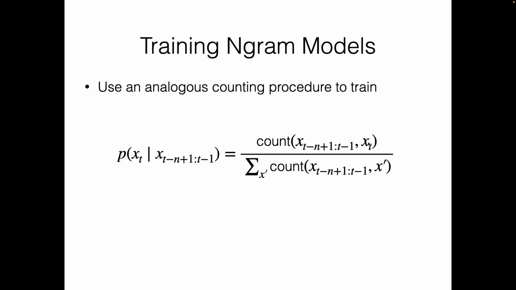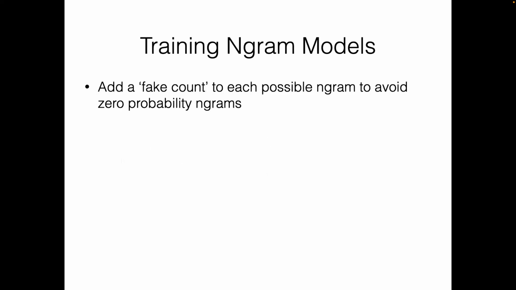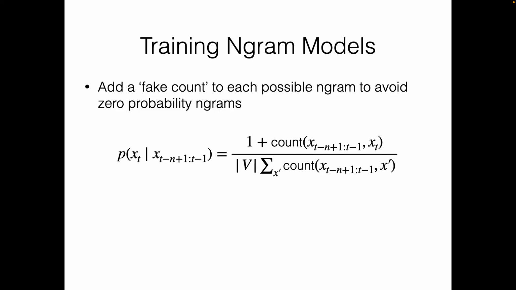Especially before the neural language models came out, there was a whole research field based around trying to overcome this idea of having these really sparse counts. Broadly, the methods are called smoothing. The key idea is to somehow add in these fake counts to account for the fact that you have these zero-probability n-grams.